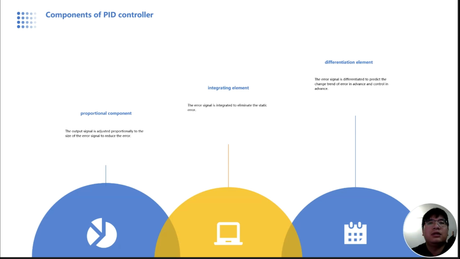Specifically, it is designed to eliminate a small static error that still exists after the system stabilizes. And the differential component is the most visionary, able to predict the future change of the error trend in advance and prevent the system from going too far.